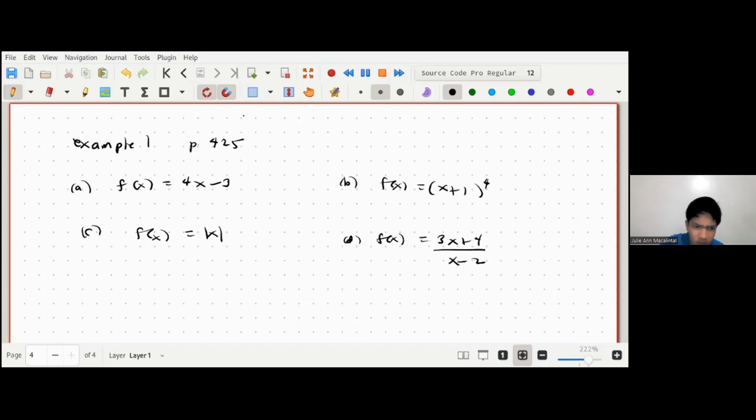For 4x minus 3. Split screen ko lang to. Yes. Tapos, patingin ng pa-share ng screen tapos sabihin mo sa akin kung ano yung as you go through each of the graphs.